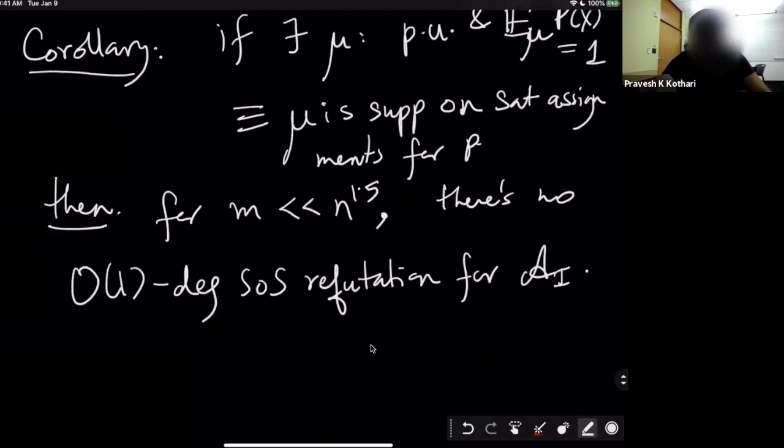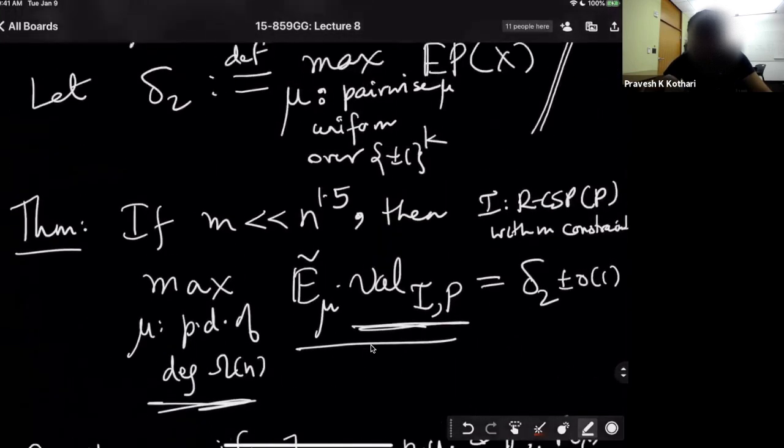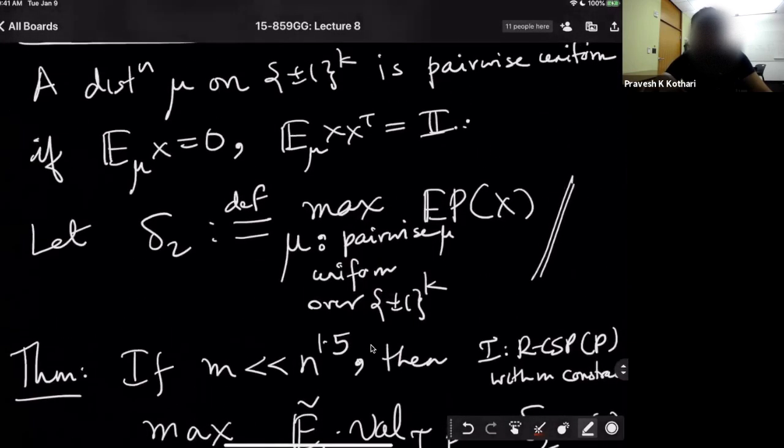So what this is saying is that you have a complete understanding of when you could prove unsatisfiability, or construct certificates of unsatisfiability of constant degree, for a random CSP, and it is determined completely by this quantity delta_2, which is just the maximum expectation of P under any pairwise uniform distribution.